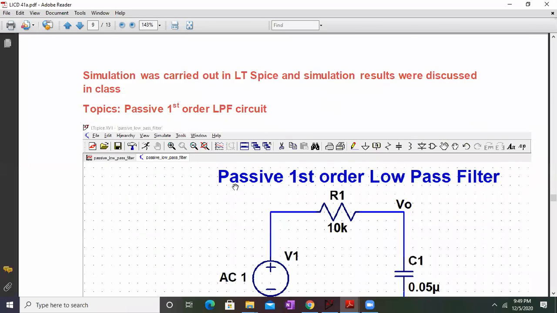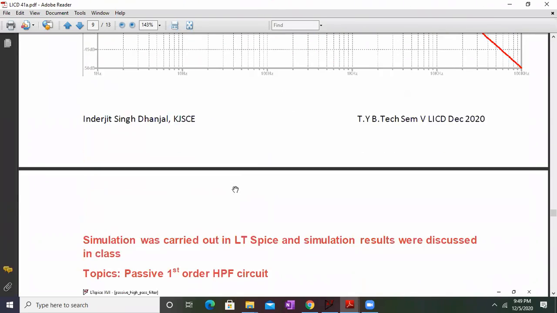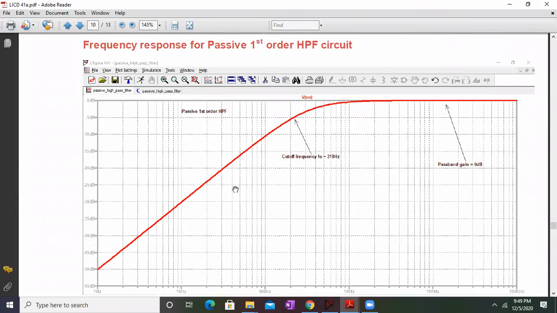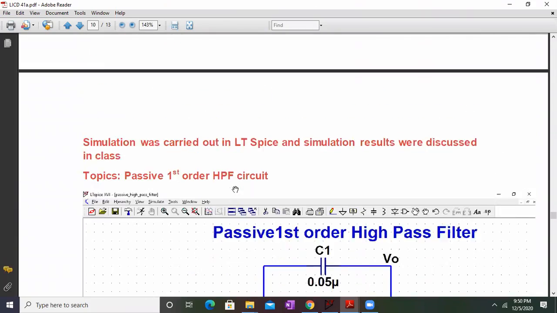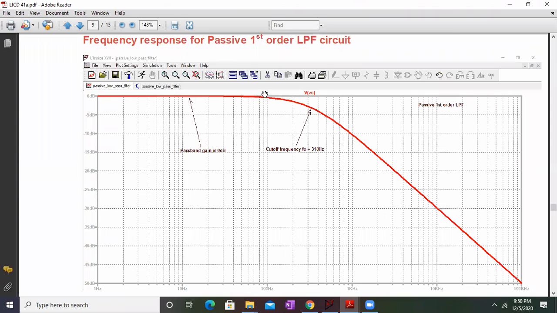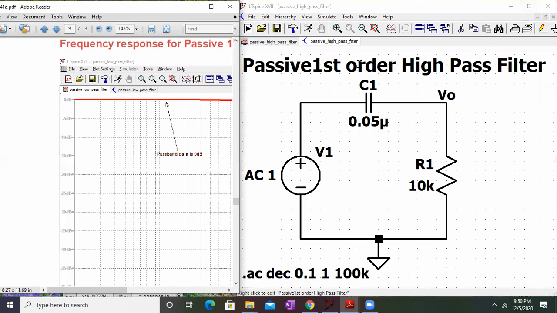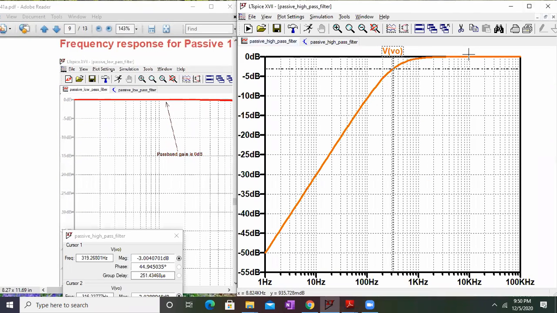Okay, so actually this is what we have carried out already, high pass and low pass filter. There is a concept called passband gain. In these filters, the passband gain is 0 dB. So this is my passband, right? What's the gain over here?